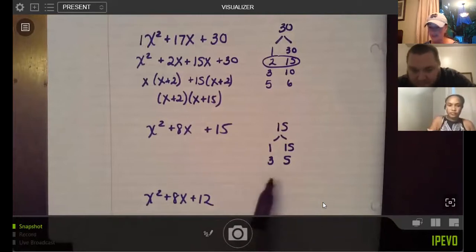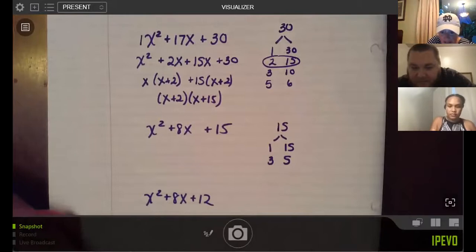So are you good with this one? Like what one would you use? 5 and 3. Okay. Let's do some that are different signs now. So let's look at some that have, where's the worksheet we're on? This one. Okay.